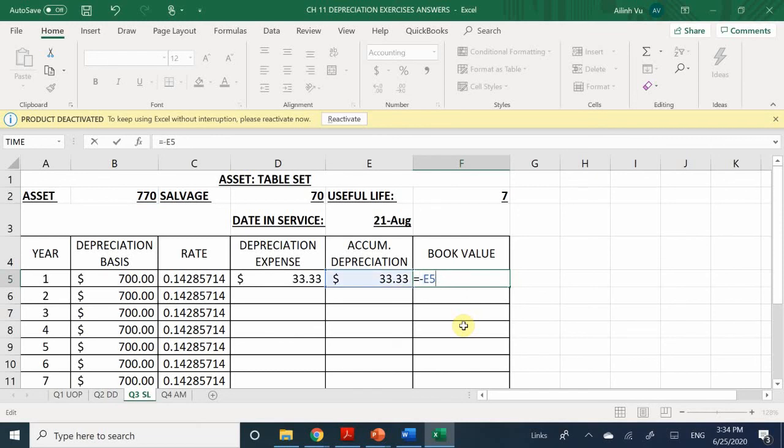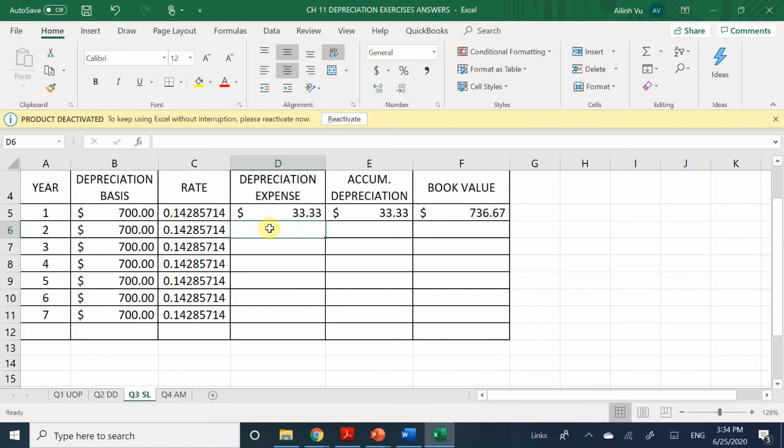All right, let me do this again. Equals 770 minus this one right here. And I'm going to go back into this formula and set absolutes to it, here and here. So 736.67 is correct.